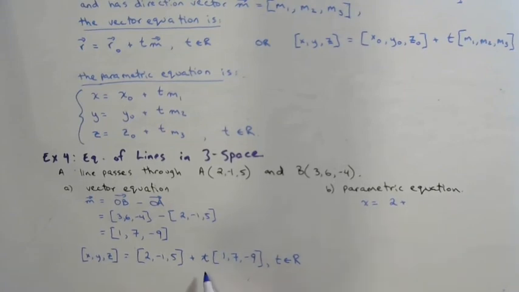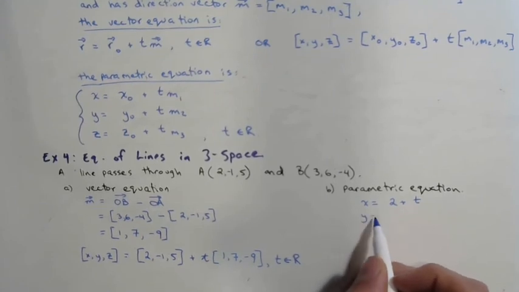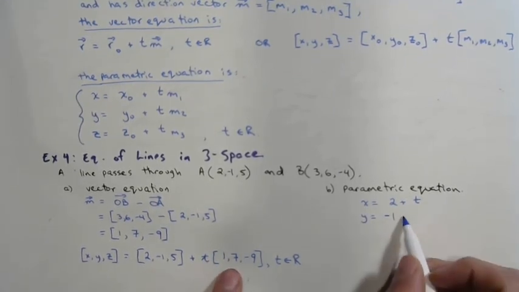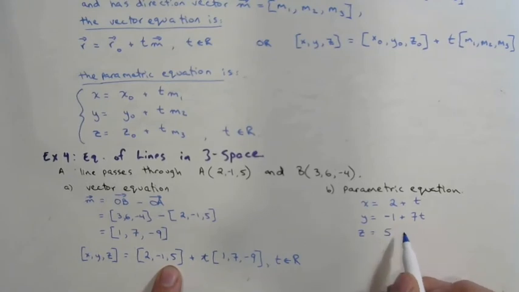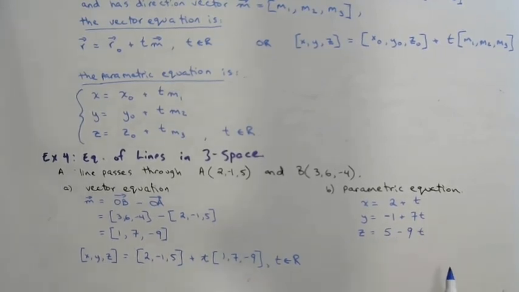Well, 1 times t is itself, so it's just 2 plus t. y is going to be negative 1 plus 7t. And z is going to be 5 minus 9t. Again, t belongs to the set of real numbers.